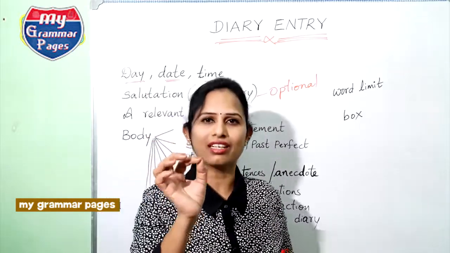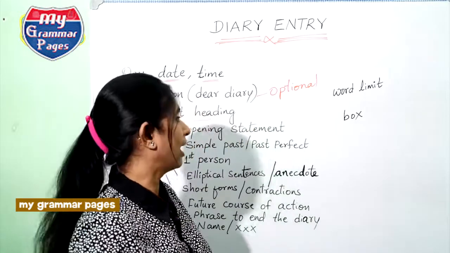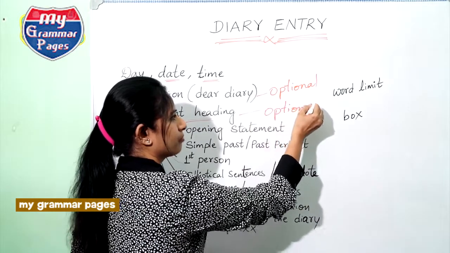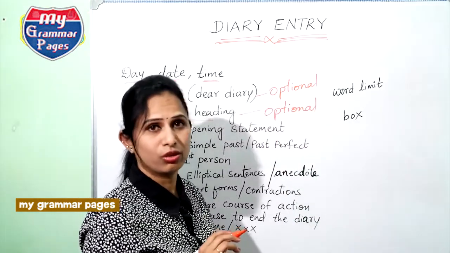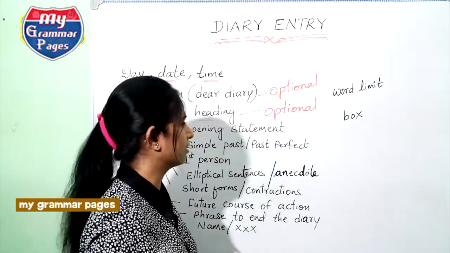It just gives the reader an idea about the matter you're going to write in your diary. Once again, this is optional. Even here, you're not going to lose any marks for not writing this.